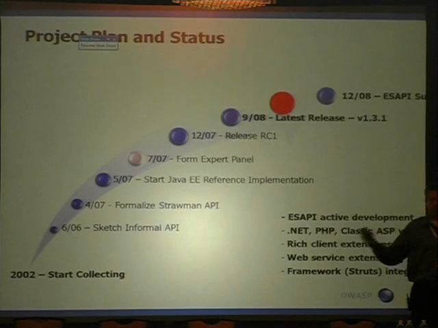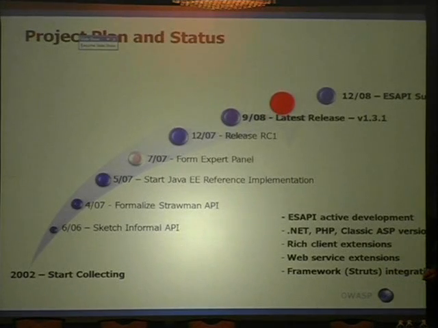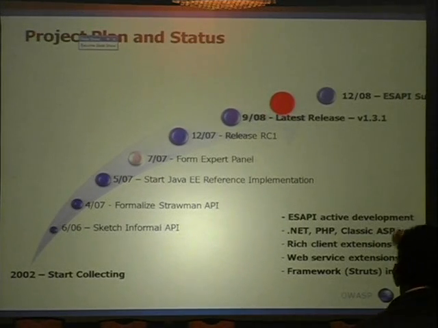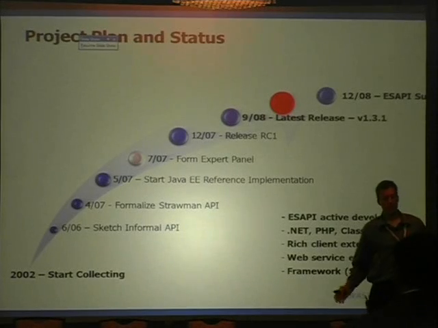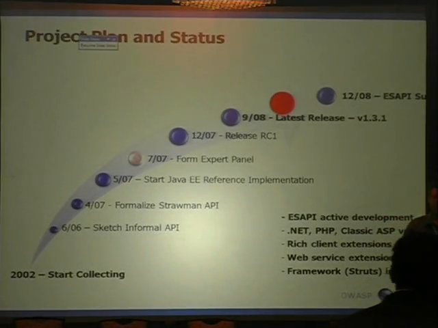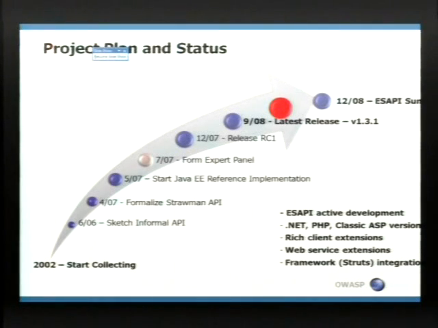It's got all the functions implemented that you've seen, and we're going to have a summit in December, and we want to get together a relatively small group of people to really come together and bear down on this API and make sure we've got everything right. We want to get a really great API here. We're looking at other languages, so we've got .NET and PHP versions in progress. There's alpha stuff out on the web.